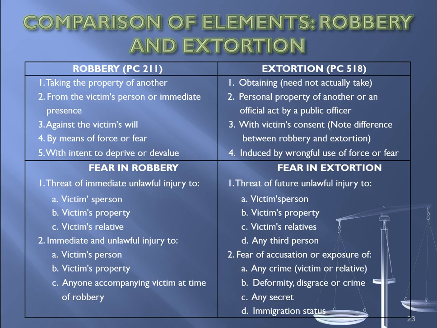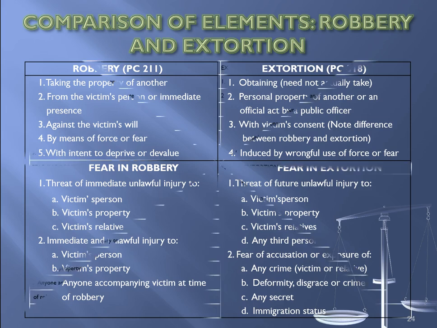Now, if you look at the fear in robbery versus extortion, robbery: threat of immediate unlawful injury to victim's person, property, relative. Extortion: threat of future unlawful injury, person, property, relatives, any third person. So I hope this chart kind of helps you out as you look at the two side by side.